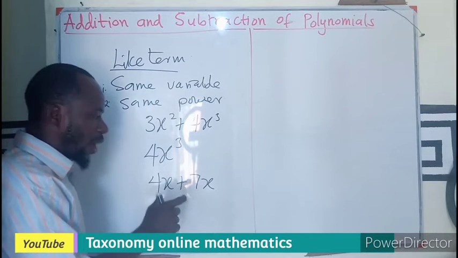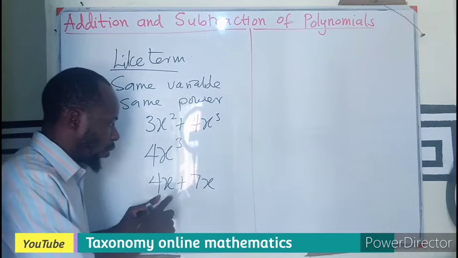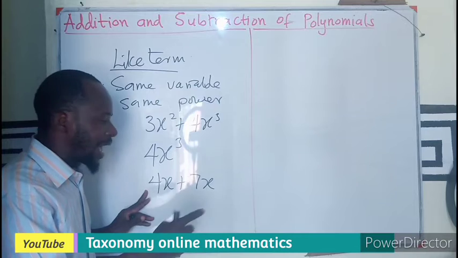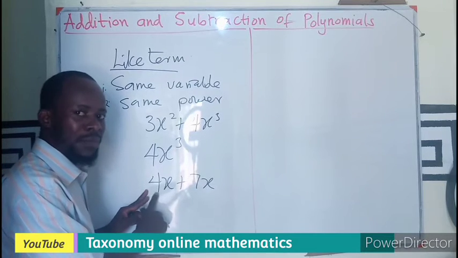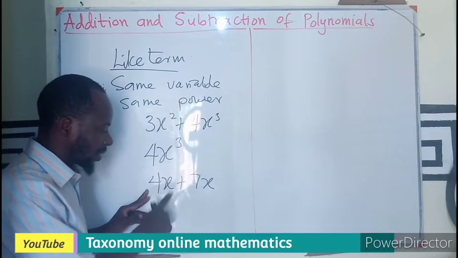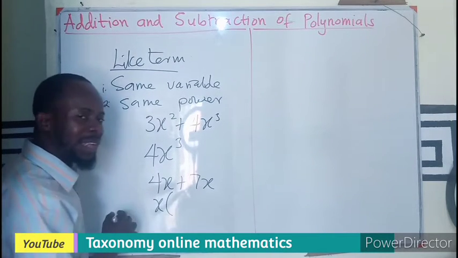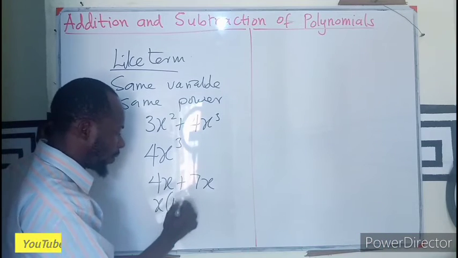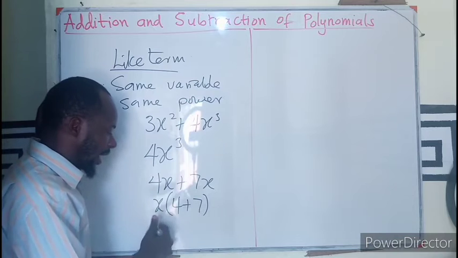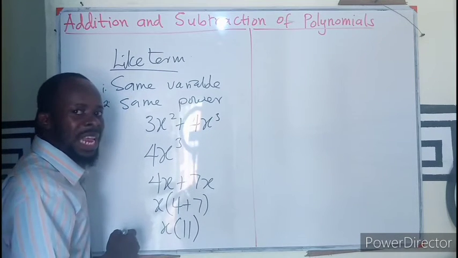The reason why we are calling them like terms is because we can easily add. If I send my mind back to factorization, I can see there is a common factor. Even though 4 and 7 don't have a number in common, x and x are common. So I can take my x out as a common factor, then 4 plus 7, and in this bracket I have 11.